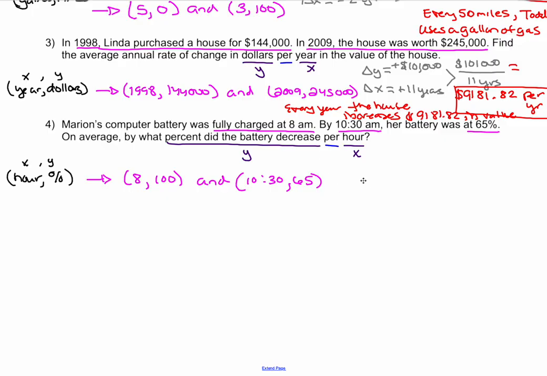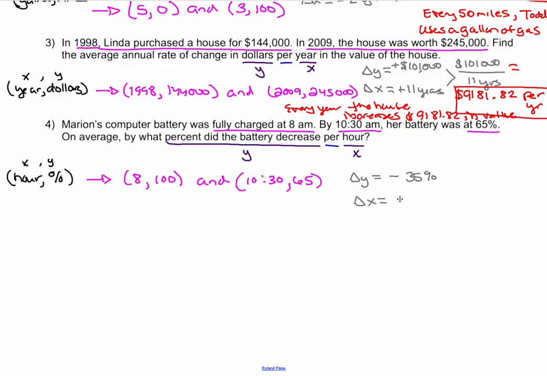Now that we have our coordinates, our change, we can do our slope. Change in y was from 100 to 65. So that is a decrease, so that's negative 35%. Our change in x is from 8 a.m. to 10:30 a.m., which is 2.5 hours.